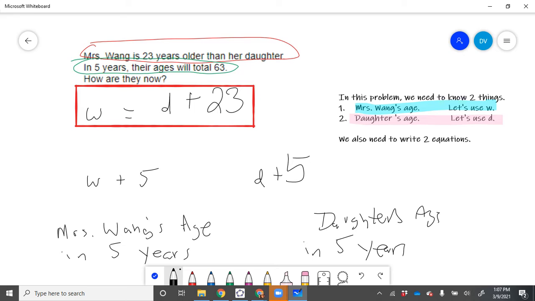Okay. Now, these are not equal. In fact, it says that the sum of these will add up to 63. The total will be 63. So what we're going to do is put a plus, that's how we take the sum, and equals 63. And that's going to be our second equation.